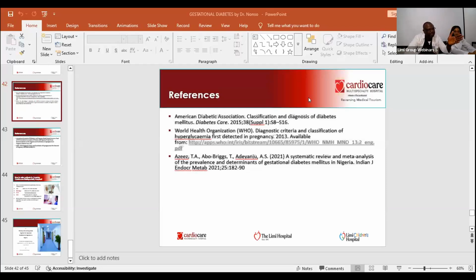Because diabetes can be detected as early as 5.1. So you can imagine using 7.0 as a cutoff. The patient has been 6.6 for the past three months before it comes to 7, but most times complications have already happened. So it gave us an insight that we can get this diagnosis as early as possible and start treatment.